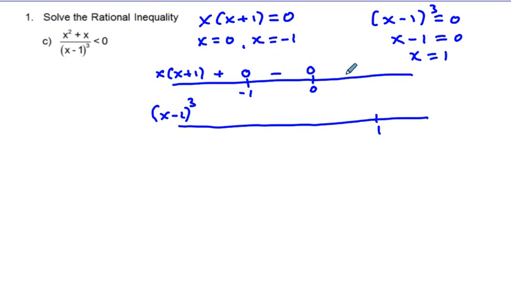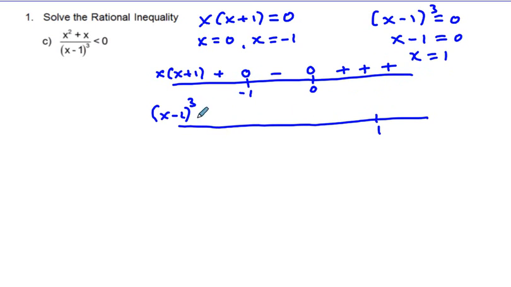And then to the right of 0, we would have a positive times a positive. Then I'm going to write another positive sign over x equals 1 and also greater than 1. So we're going to have 1, 2, 3, 4, 5, 6, 7 intervals or x values represented.